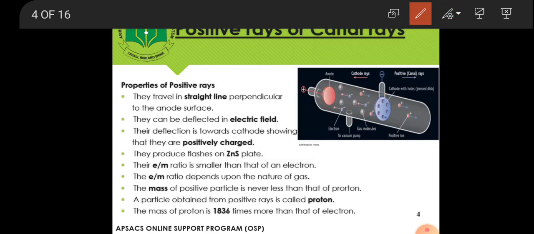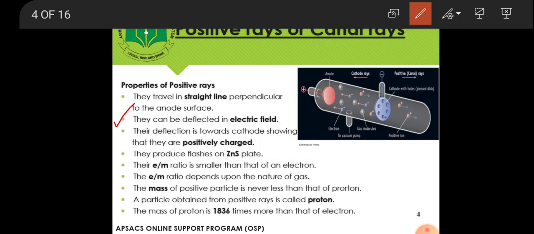So students, the first property is that they travel in a straight line. These positive rays travel in a straight line perpendicular to the anode surface.